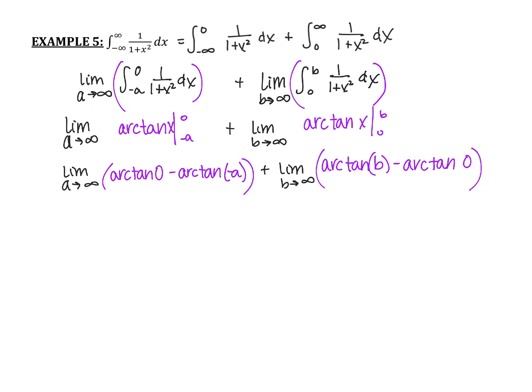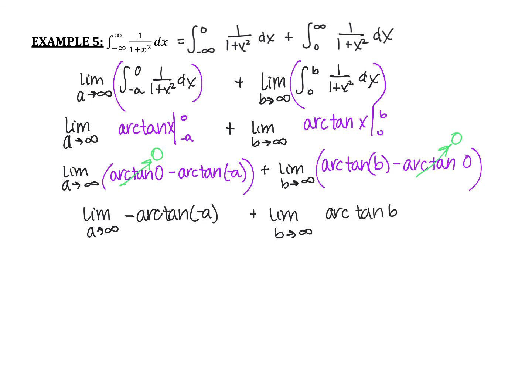So I can tell that the arctan of 0, the angle that gives us a tangent of 0, is 0. So those can go away. So then really this problem is the limit as a approaches infinity of the negative arctan of negative a. And then this next one is the limit as b approaches infinity of the arctan of b.